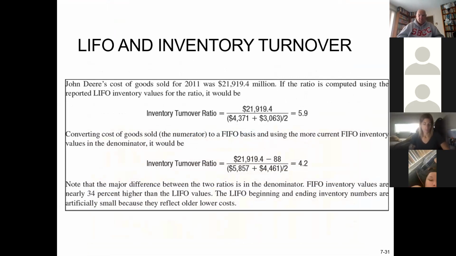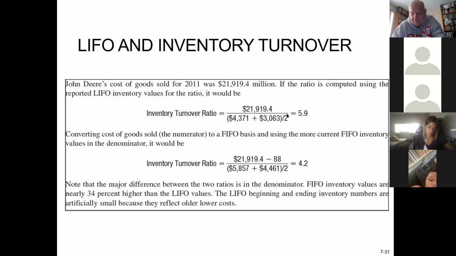The inventory turnover. John Deere, 21 million, almost 22 million. Cost of goods sold divided by the average inventory. Turnover 5.9. Let's call it 5.9. That just means that's the number of times we sold the average inventory.